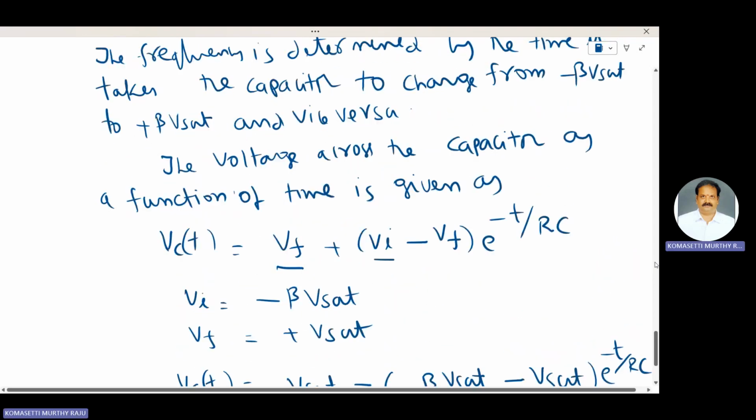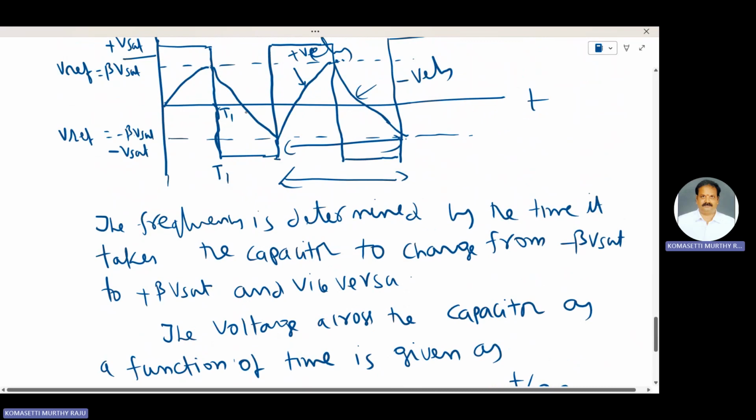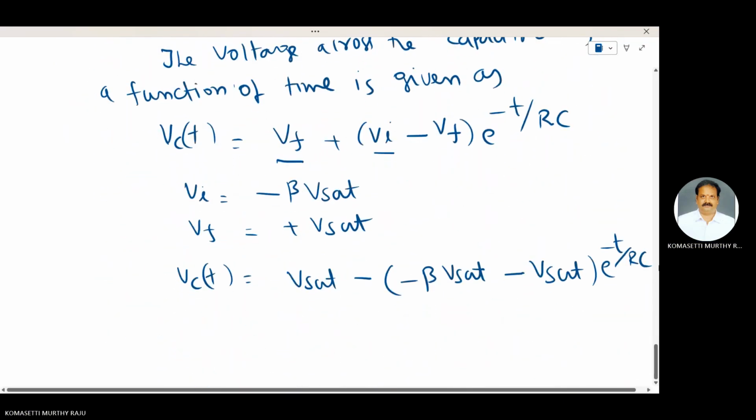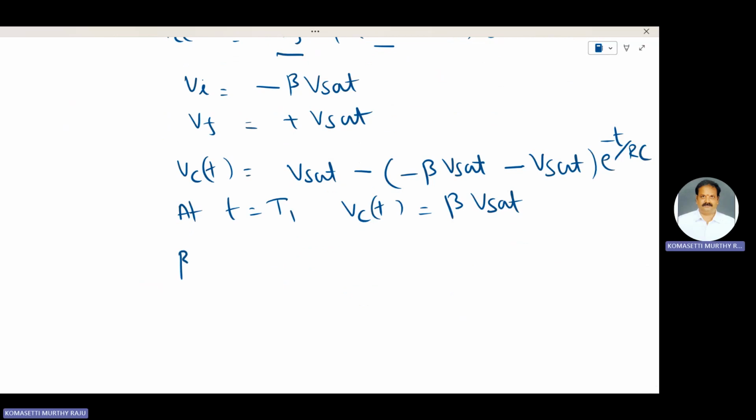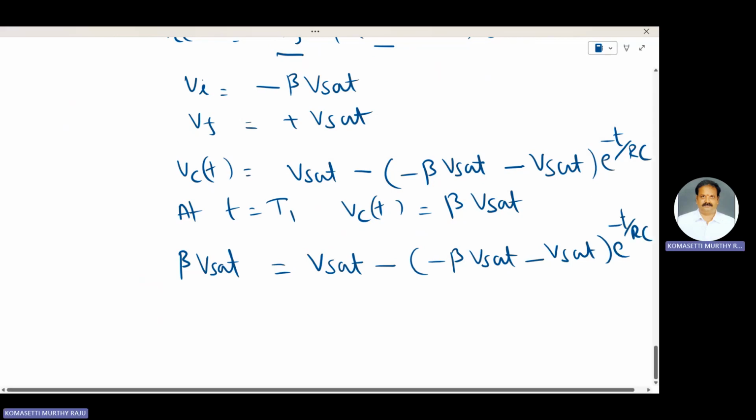At time t equal to capital T1, the voltage across the capacitor reaches plus beta V sat. So Vc of t is equal to beta V sat, which equals V sat minus (beta V sat plus V sat) e power minus t by RC.